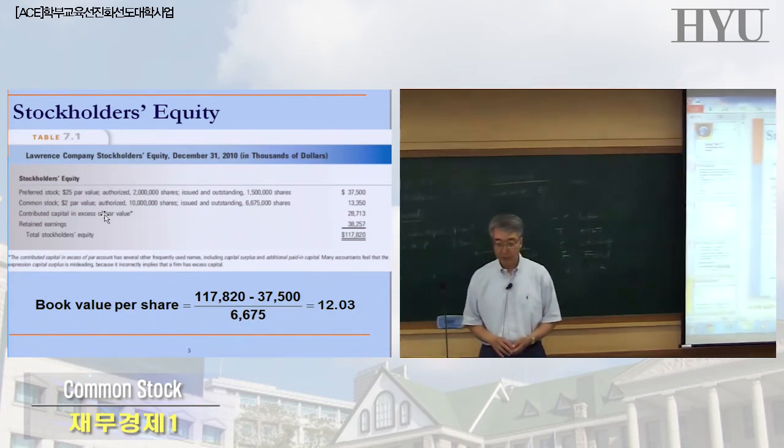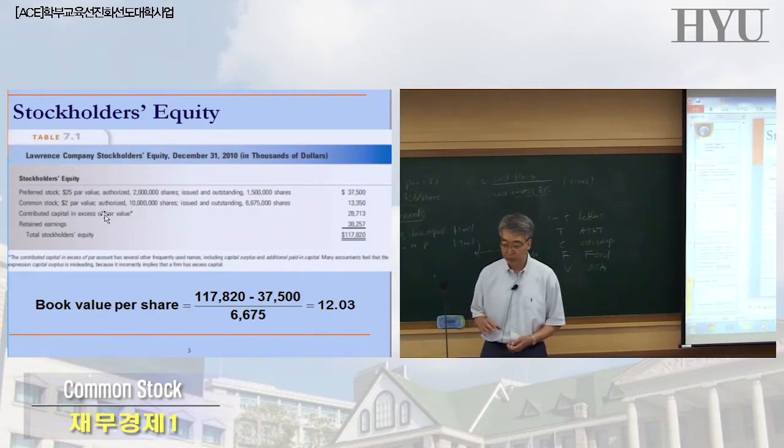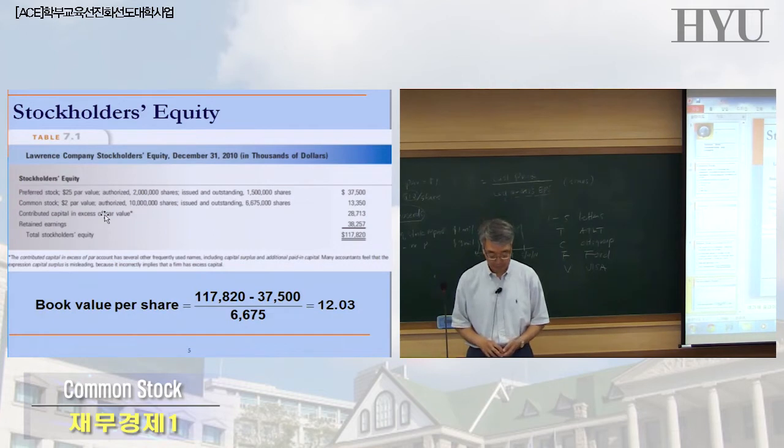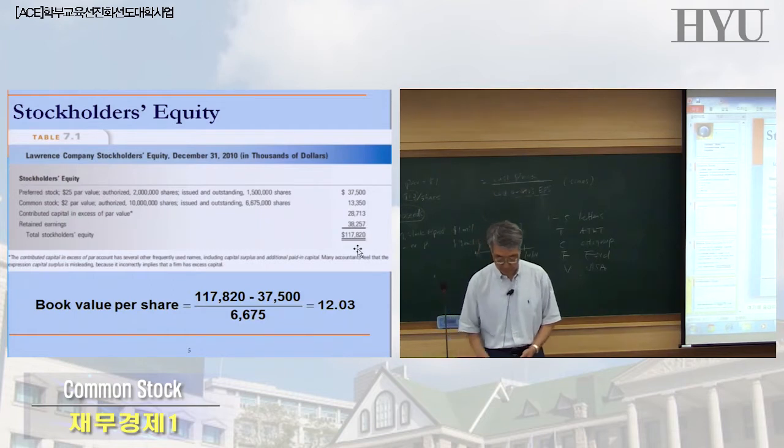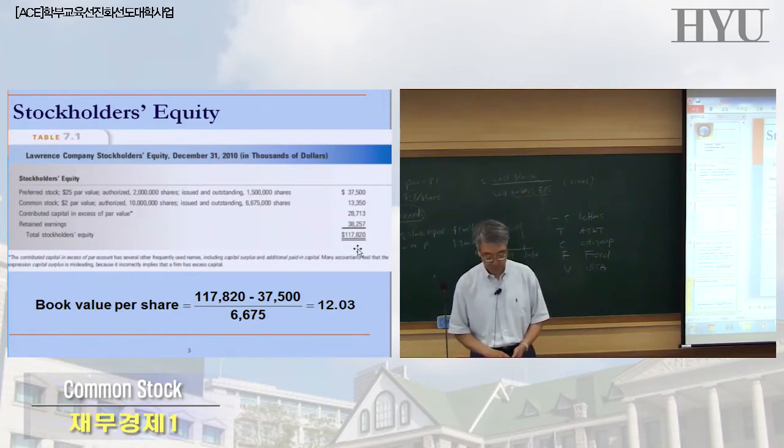But sometimes companies retain part of those profits, and that becomes retained earnings. So the total stockholders' equity will be the summation of all these items: preferred stock, common stock valued at par value, contributed capital in excess of par value, and retained earnings. All those things make up the stockholders' equity.